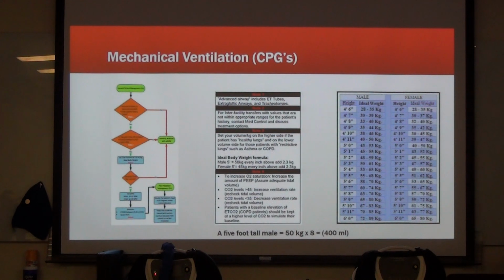Now somebody said, well, what happens if they're taller than 6 foot? We'll go back over here and look at this formula. A male is 50 kilos at 5 feet, and for every inch above 5 foot, you add 2.3 kilos. Remember, just because you have a 400-pound person doesn't mean you have a 400-pound lung.